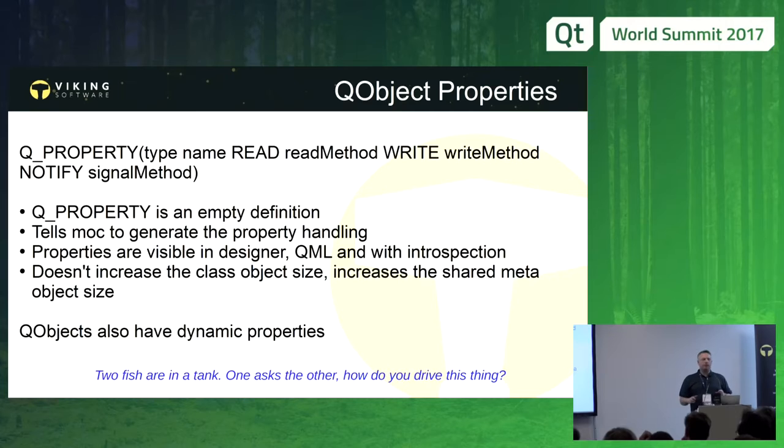The dynamic properties is a slightly advanced topic. It means you can set anything. You have a QObject, any random QObject, your button, QApplication object, anything. You can call setProperty and give it a name and any QVariant, and store that on the object as a property.